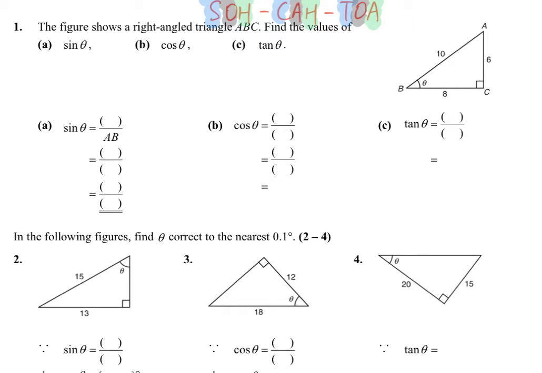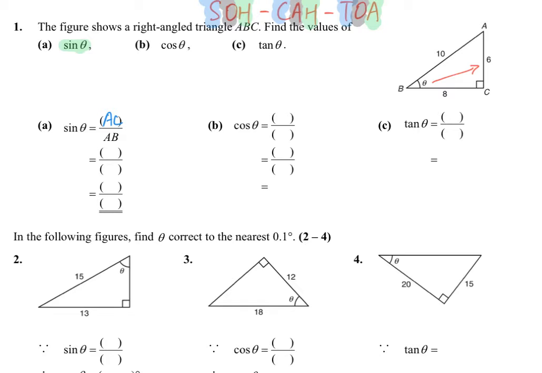So here in the right-angled triangle ABC, angle C is the right angle, and we are looking at the value of sine theta for part A. We need to look at the opposite side of theta, which is AC, over the hypotenuse, which is AB.